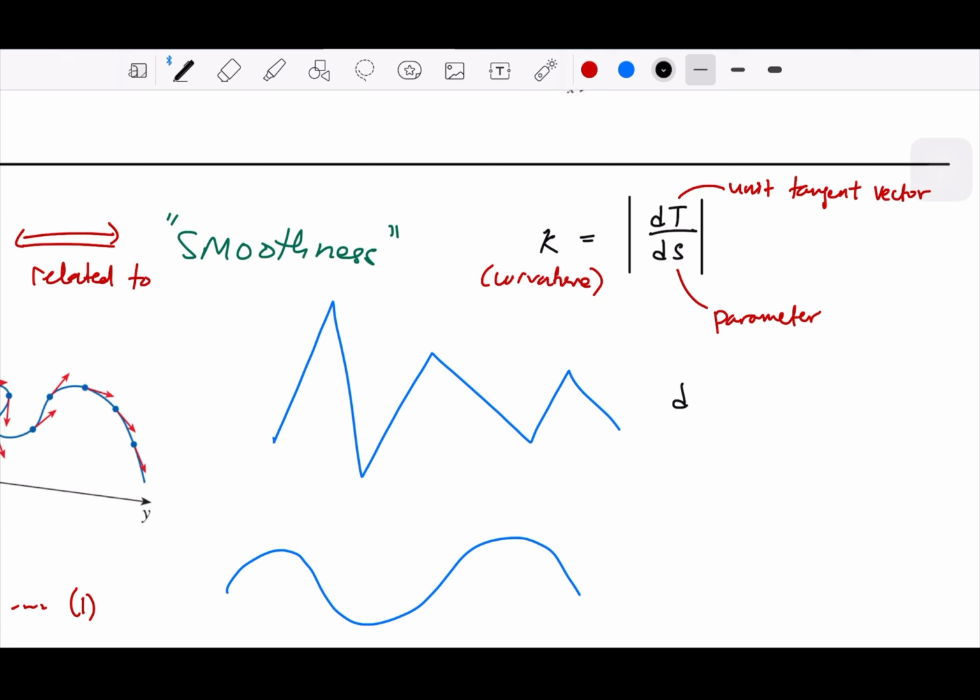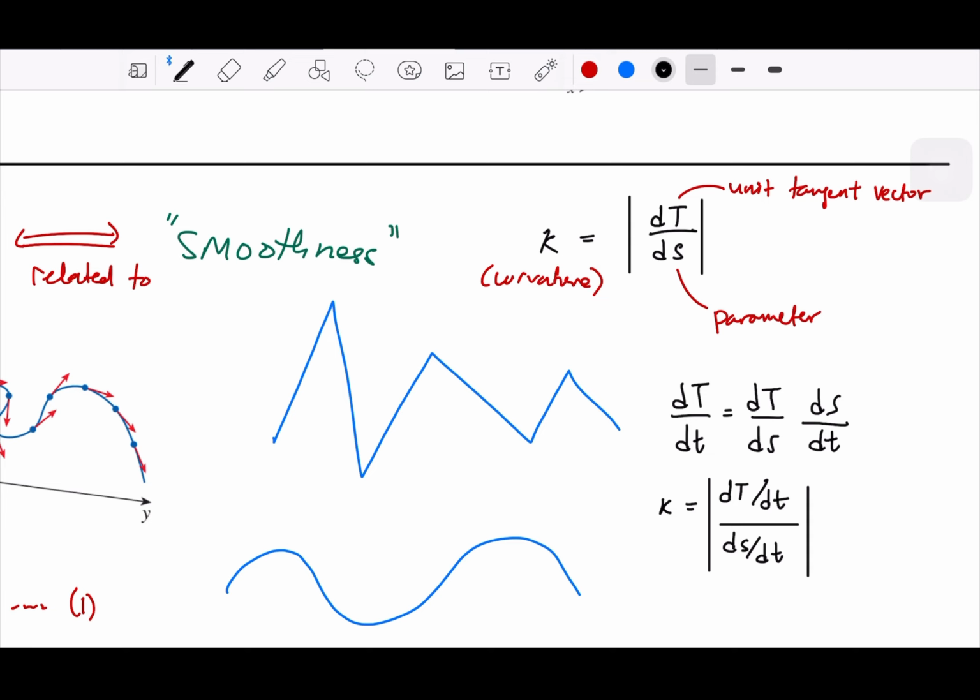So maybe if we start with dt, the derivative, we can write it using the chain rule. So we can write the curvature as, and remember that dx over dt is our r prime.